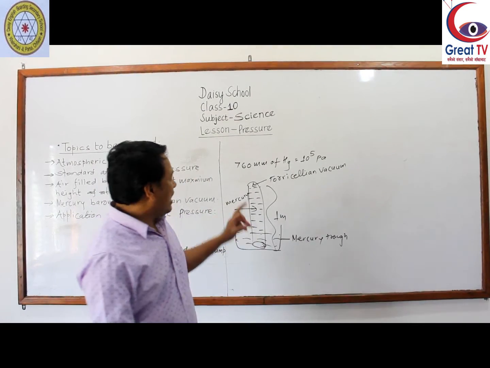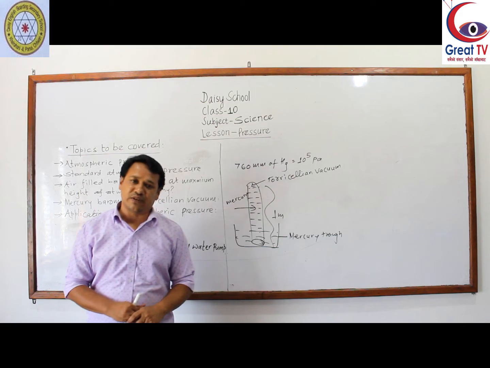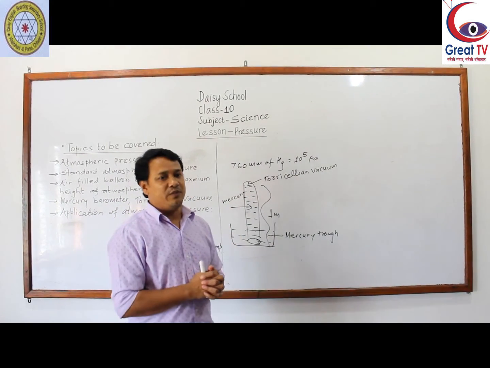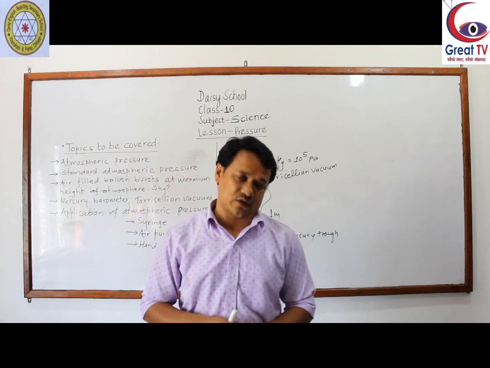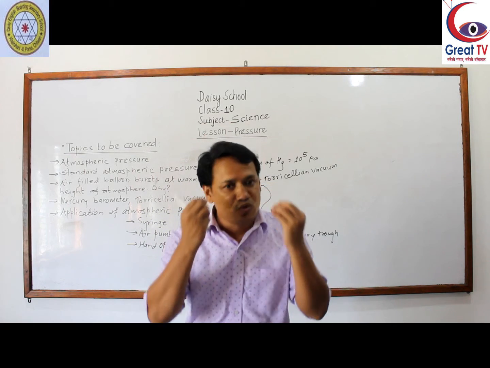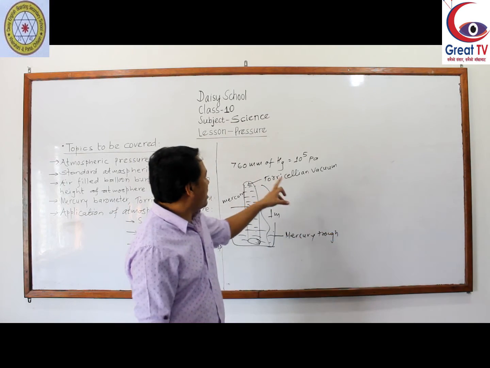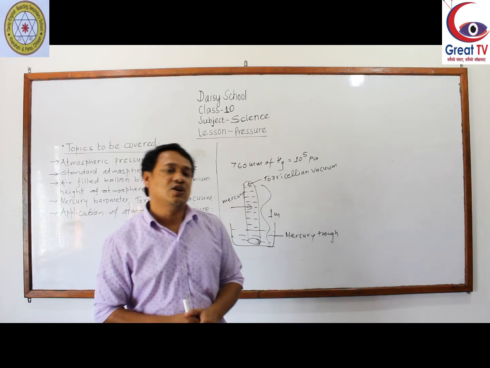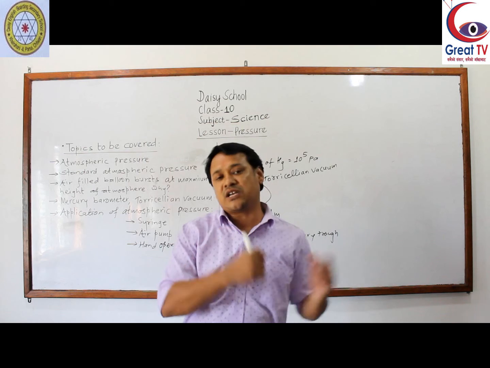And the Torricellian vacuum is different from a real vacuum. In a real vacuum there will be nothing, but in the Torricellian vacuum there is mercury vapor. That's why it is different from a real vacuum.